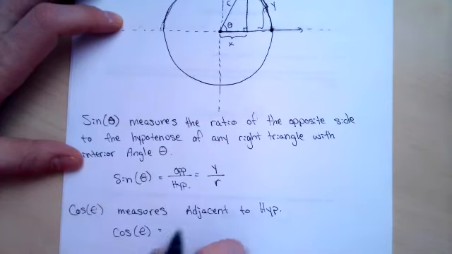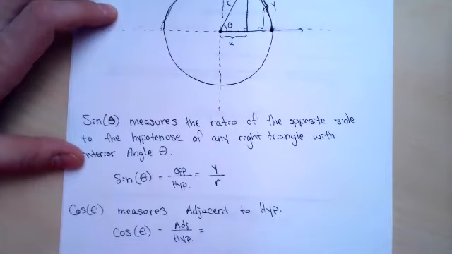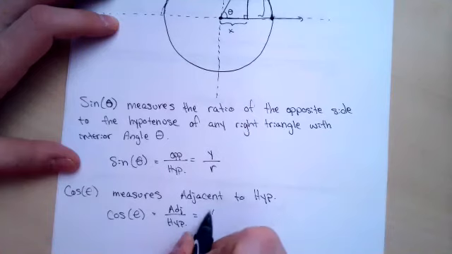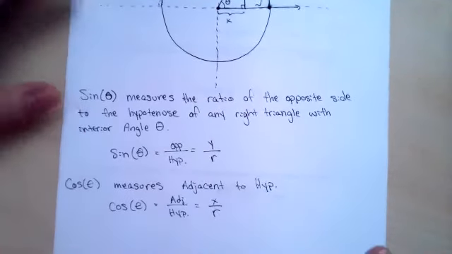So cosine of theta, we often abbreviate it adjacent, ADJ, over the hypotenuse. And in terms of our diagram, it's going to compare that x value over r.